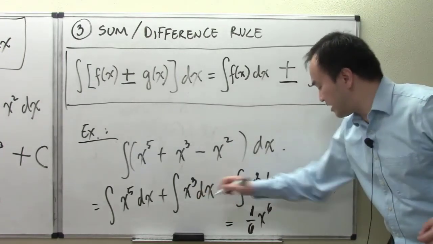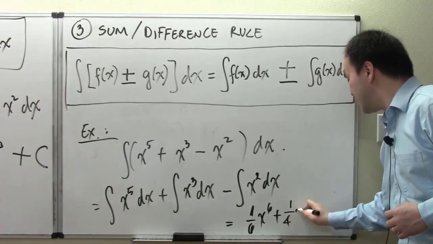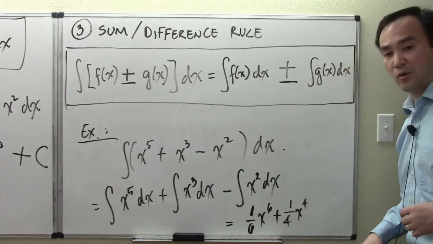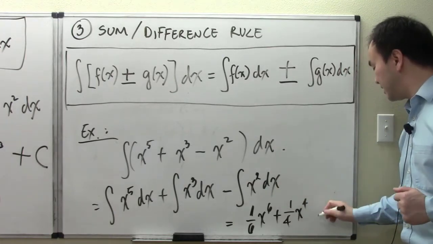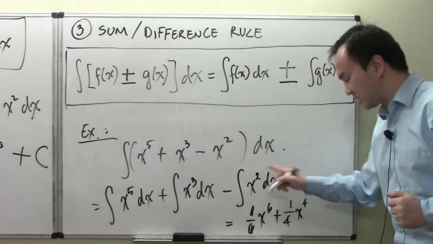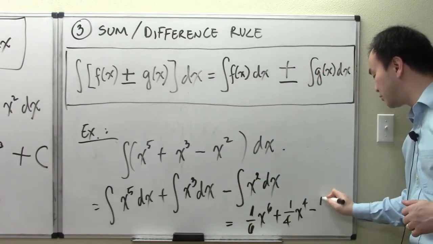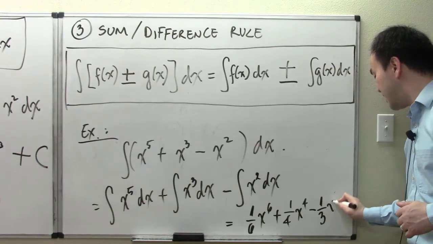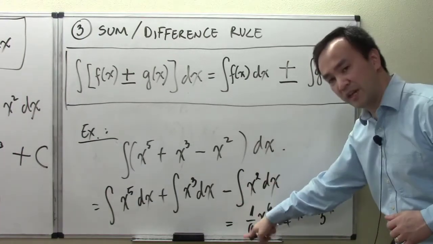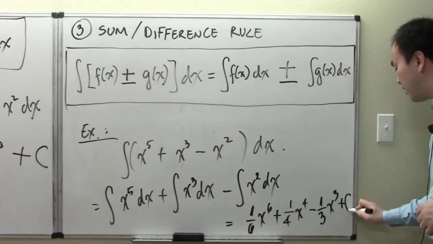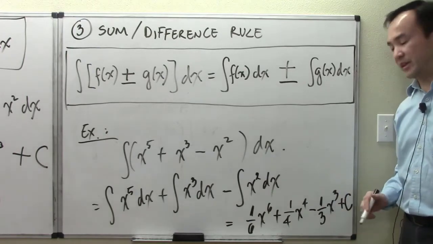The middle term, still adding, gives me 1/4 x to the 4th, according to the power rule that we have already learned. And the last term is being subtracted from the other two terms, so now minus 1/3 x cubed. And don't forget, we don't need the antiderivative symbol anymore, but we need the plus C because that's our final general antiderivative.